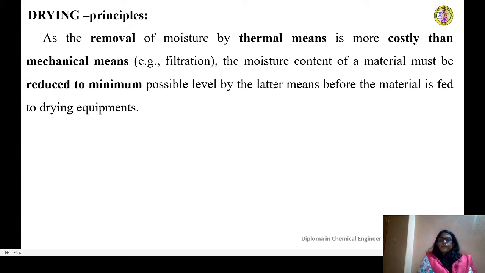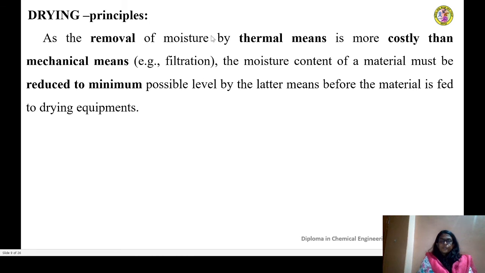As the removal of moisture by thermal means is more costly than by mechanical means such as filtration, the moisture content of the material must be reduced to minimum possible level by the latter means before the material is fed to the drying equipment. Okay, so drying usually involves removal of a small amount of water or moisture present in the wet substance. Since drying requires the utilization of heat energy, the removal of moisture by this method is much more costly compared to other methods like filtration.